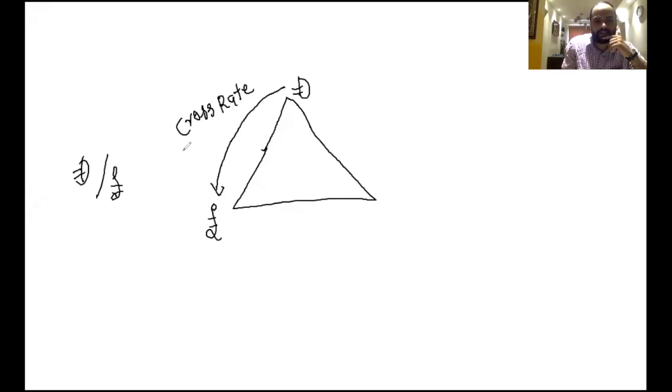The second option is dong to USD and then USD to pound. So depending on direct or indirect quotation, it depends.